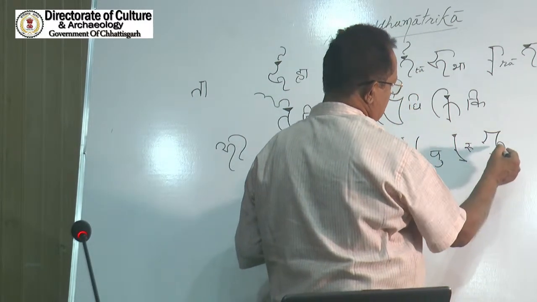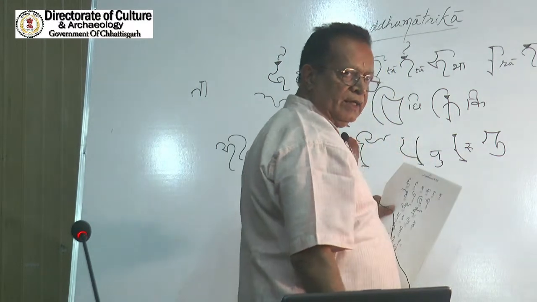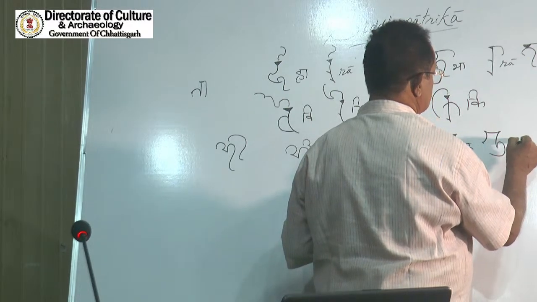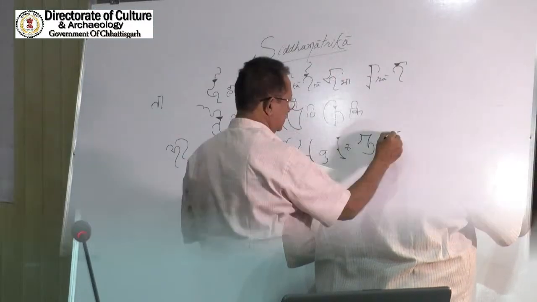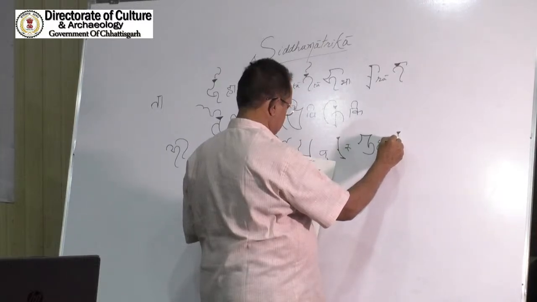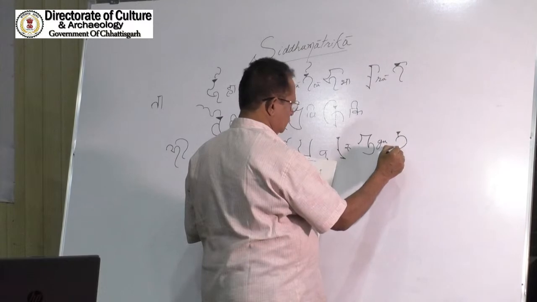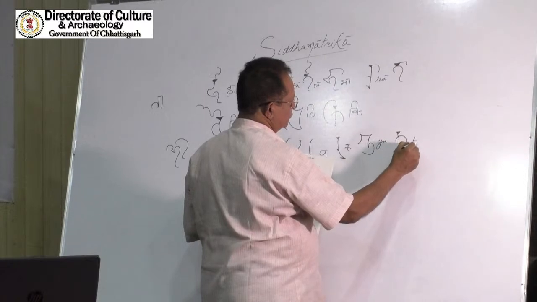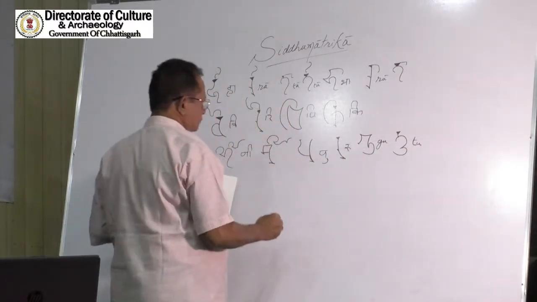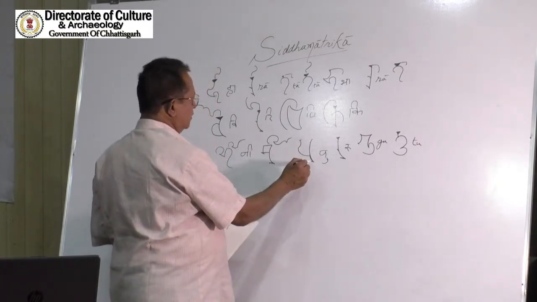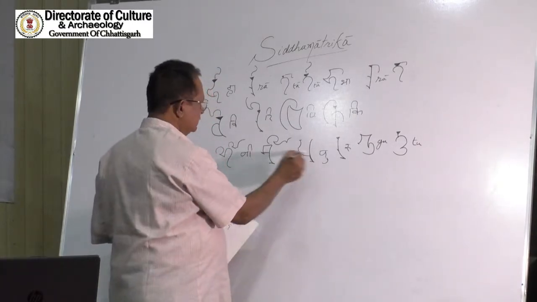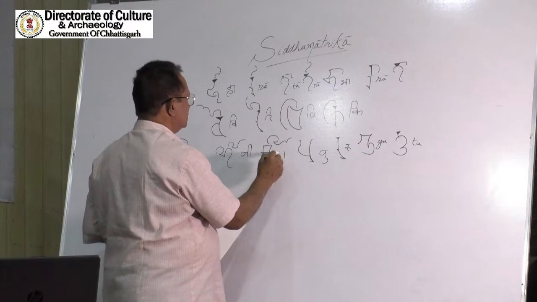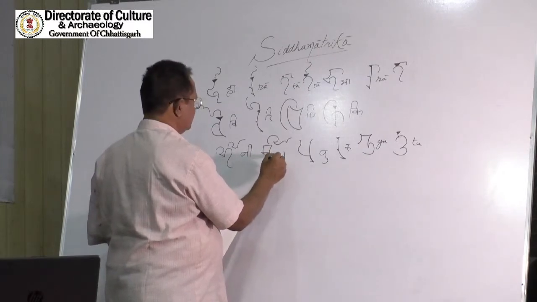So this trend continues in our Nagari style. U, gu. And here also ta when you take, tu. Here, pu. Here, Shri. Shri Dirgha. Okay.